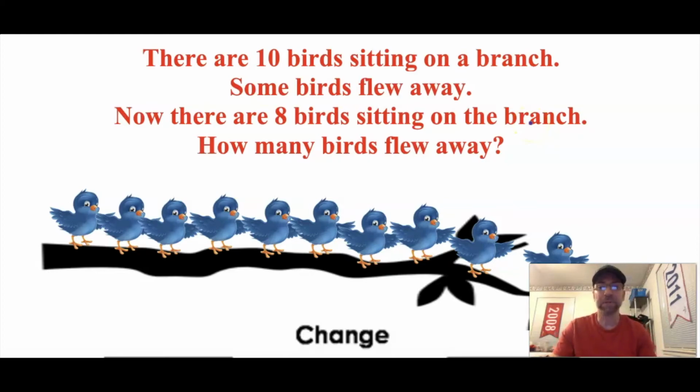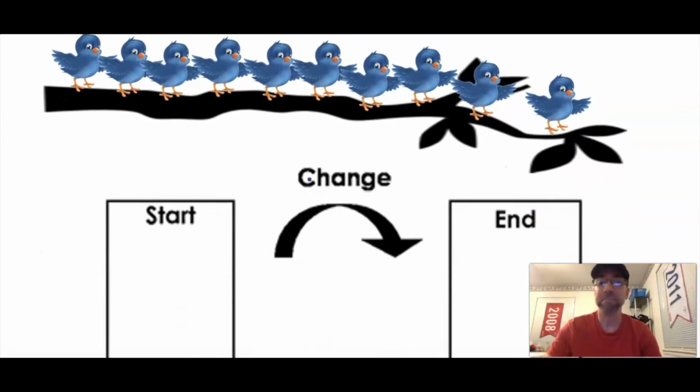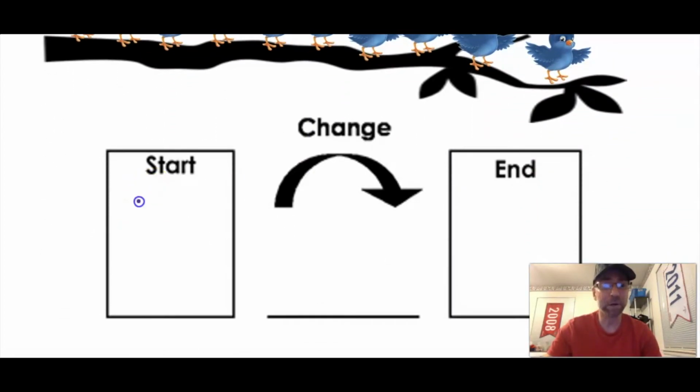How many birds flew away? So let's see if we can fill out our start, change, end. My start comes at the beginning. There are 10 birds sitting on a branch. Well, in my start box, I'm going to write 10.